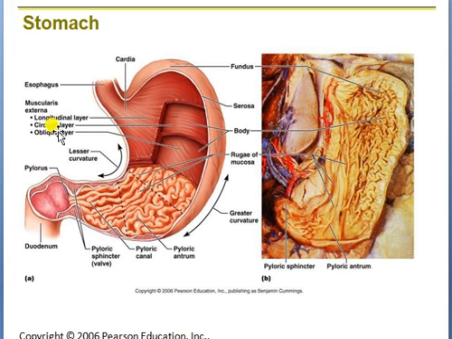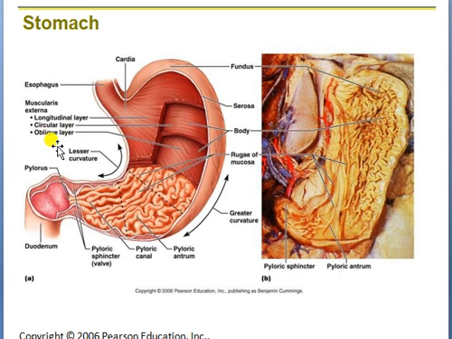See here also, whatever we discussed in the general structure of the GIT, here the muscle layer has one more layer. Actually, longitudinal and circular layers will be there, along with an oblique layer also present.